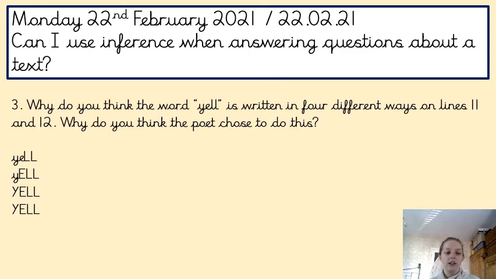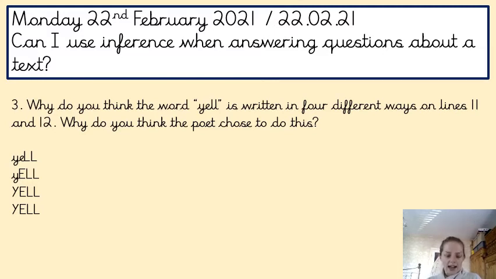Yell, yell, yell, yell. So it might not sound like I've done it differently, but I've tried to put emphasis on certain letters in those words to help you to recognise why the poet has written yell in 4 different ways. Okay, so think very carefully for this one. It is a very tricky one.